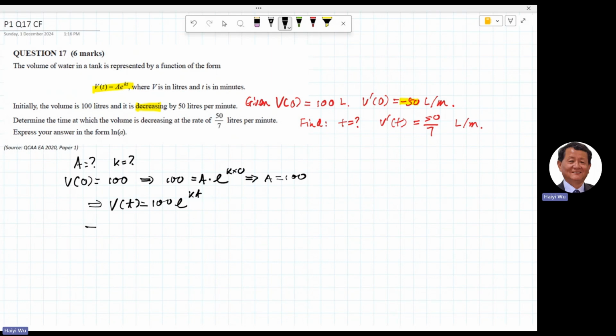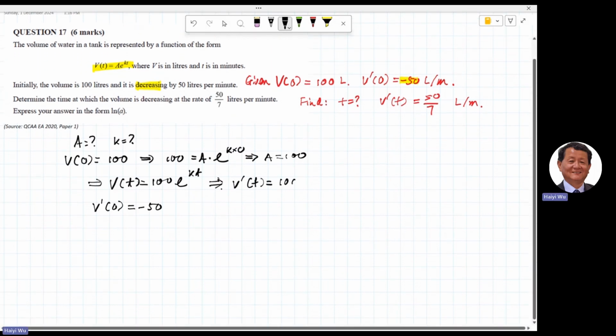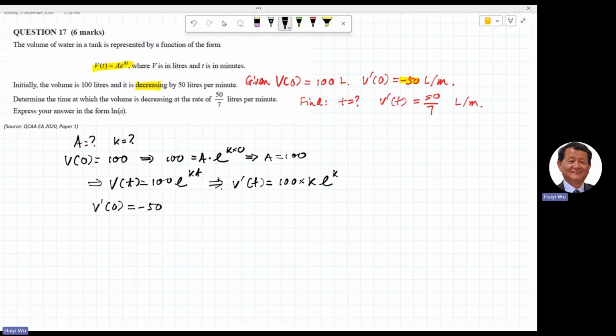We also know the velocity, the initial rate of change for the volume, is negative 50. So the rate of change for the volume is 100 times K times e to the power of kt.